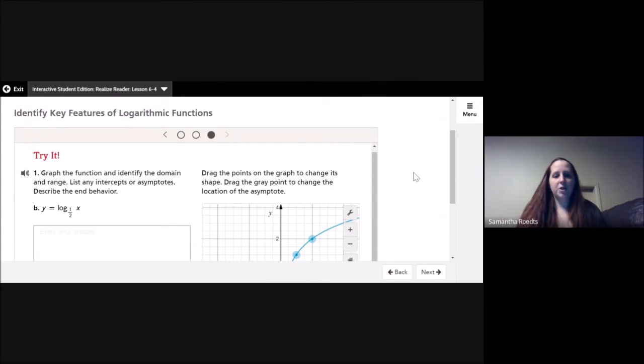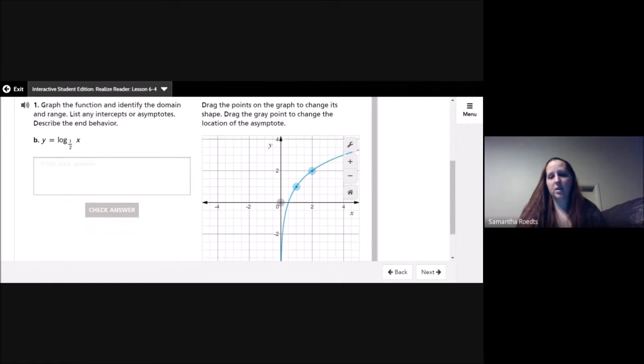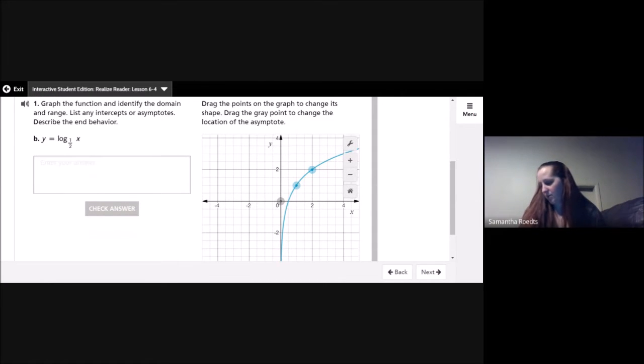For B, graph the function and identify the domain and range. List any intercepts or asymptotes. Describe the end behavior. So I want y equals log base 1/2 of x. So drag the points on the graph to change its shape. Drag the gray point to change the location of the asymptote. Okay, so this is a log at 1/2.